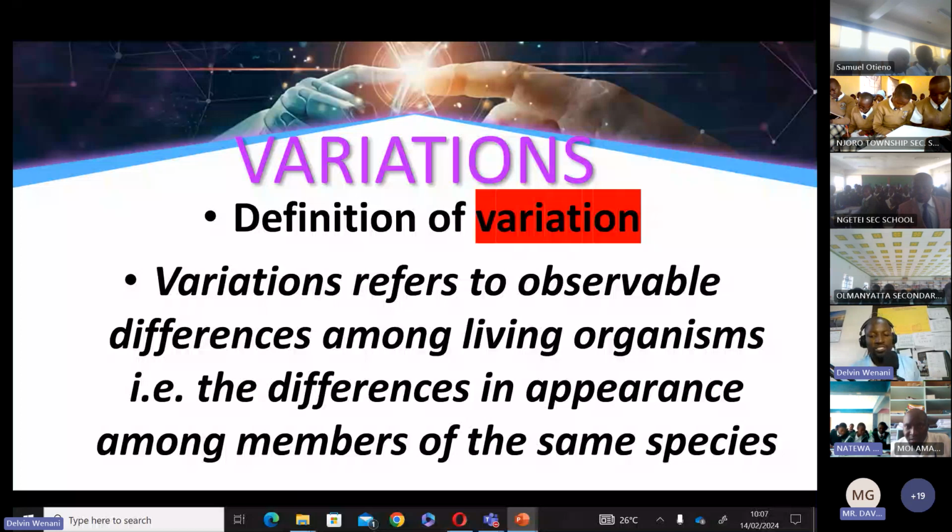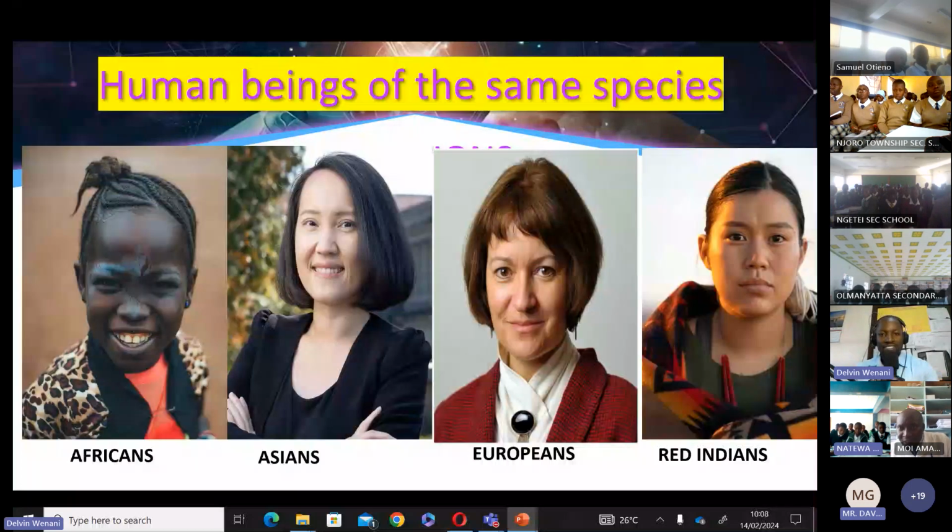I want to post an example here. In the example I've posted, we are talking about human beings, being of the same species. Look at the first photograph: an African looks different from an Asian, who looks different from a European, who also looks different from the red Indians.